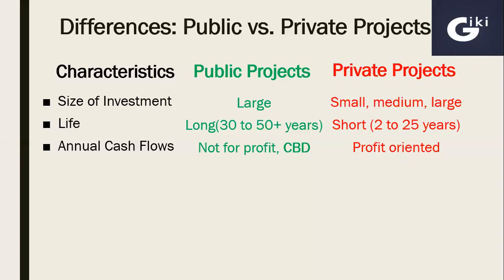For example, if government is planning to build a road, or if government is planning to build a factory in an area, it may have some costs, benefits, and disbenefits. So cost will be the amount needed to construct, build, maintain, and operate the factory.